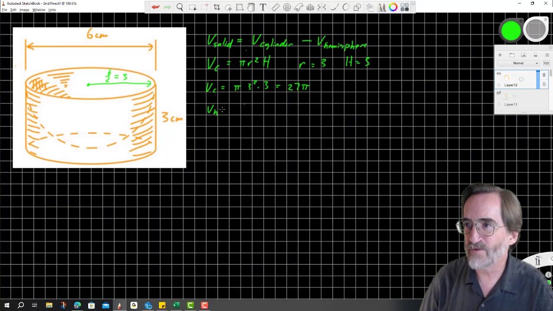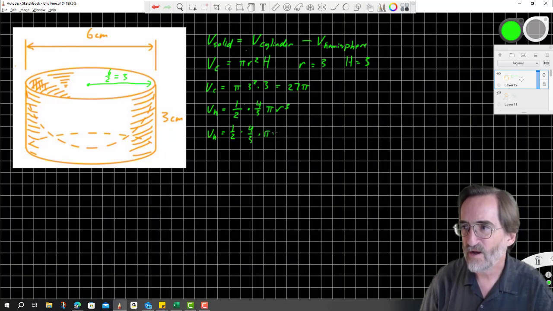The volume of the hemisphere is half of a sphere. So start with half. And the volume of a sphere is 4 thirds pi r cubed. We already know what r is. So the volume of the hemisphere is 1/2 times 4 thirds times pi times 3 cubed.